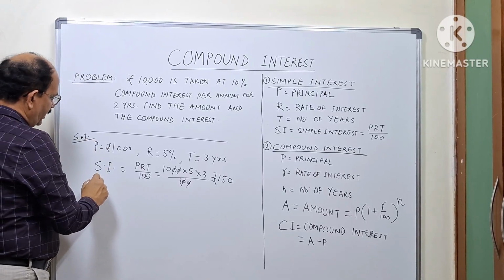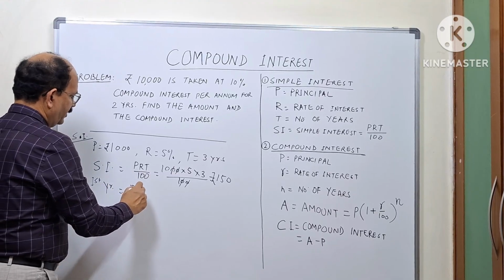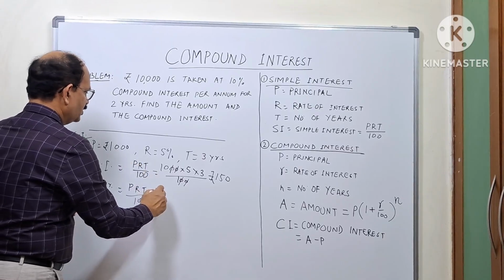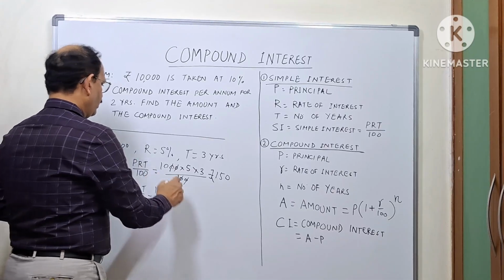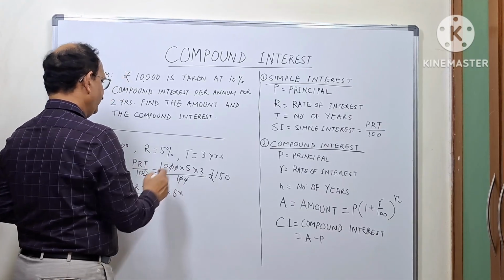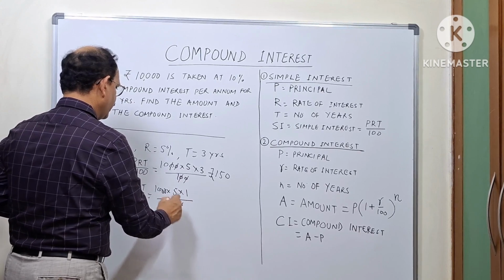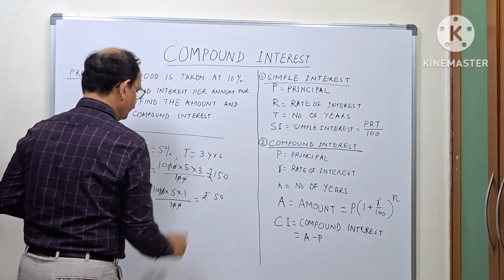In the first year you are going to get 1000 multiplied by 5 into 1 divided by 100. So you are going to get 50 rupees in the first year.